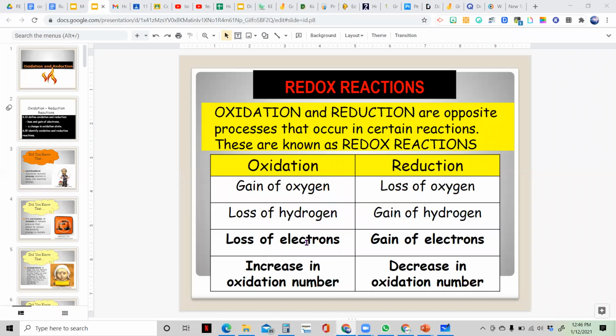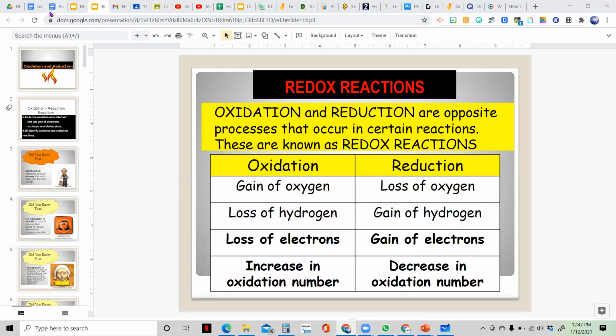So remember, when you talk about loss and gain of electrons, you're really speaking towards an ionic bond. So you're looking at the formation of ionic compounds, but not all compounds are ionic. You do have covalent compounds and they do not lose or gain electrons. So this definition of loss or gain cannot be a standalone definition, ladies. So it was modified to look at increase or decrease in oxidation number.